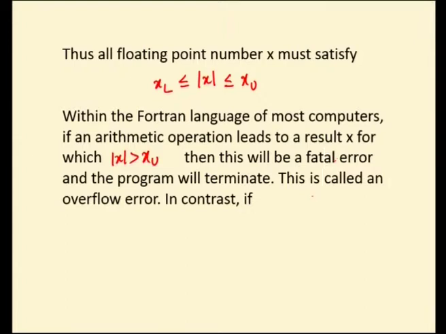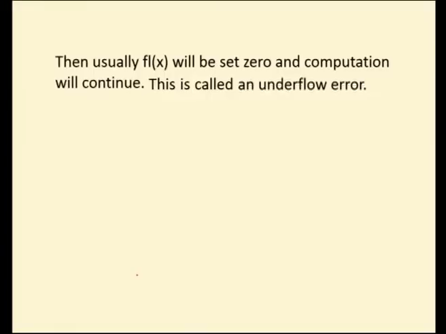When an error occurs, the program will terminate. This error is called overflow error. In contrast, if you have 0 less than modulus of x less than xl, okay, again it is violating xl less than or equal to mod x, then usually FL of x will be set to 0 and the computation will continue, and this is called underflow error.